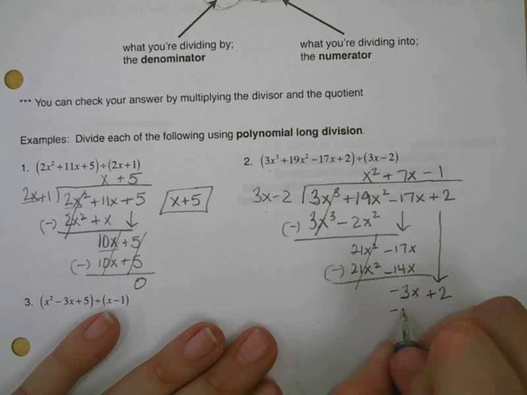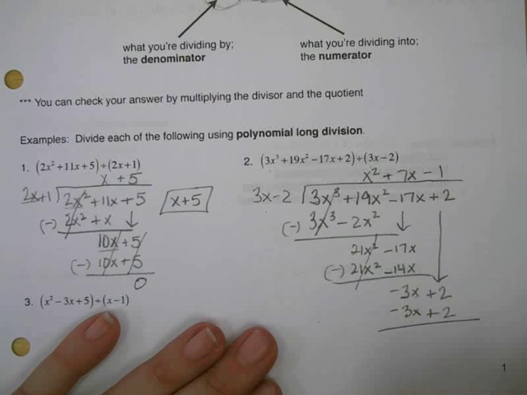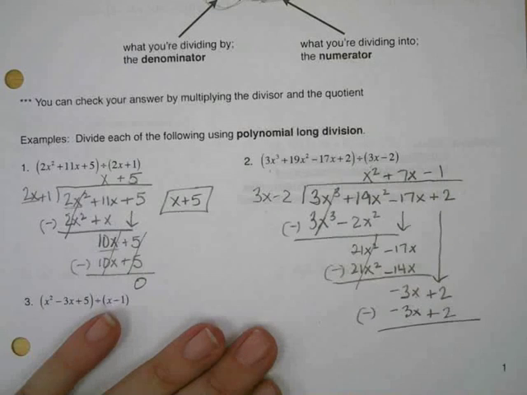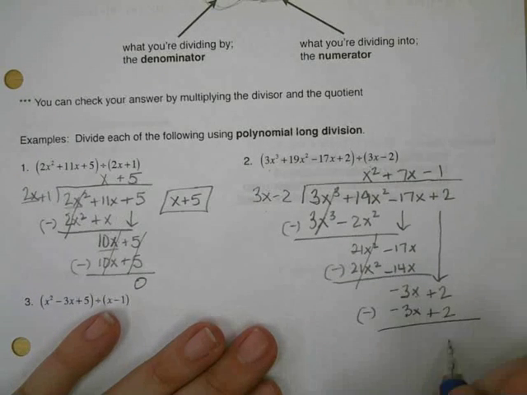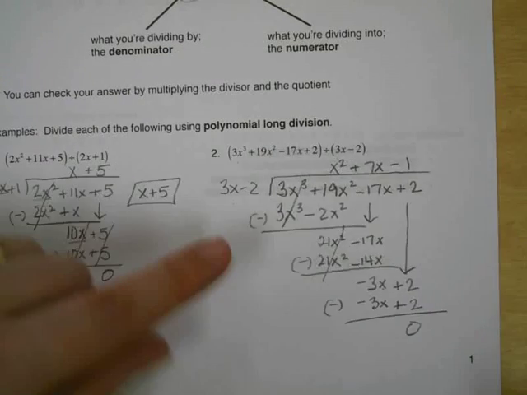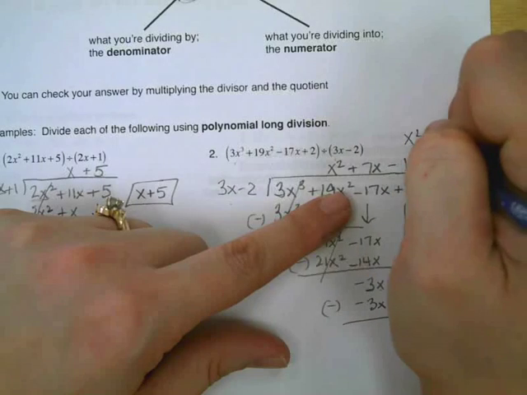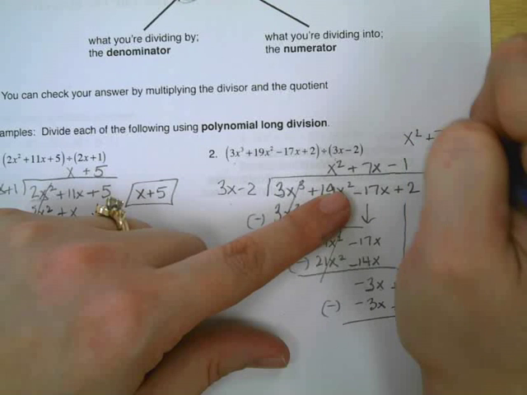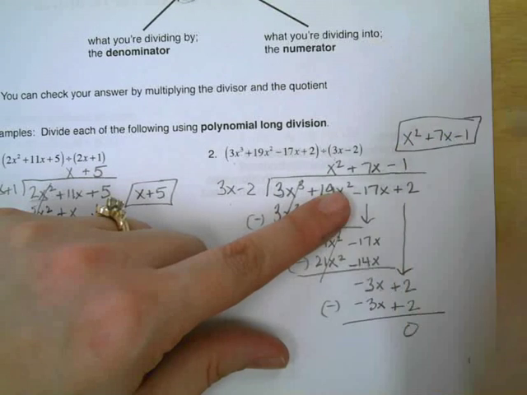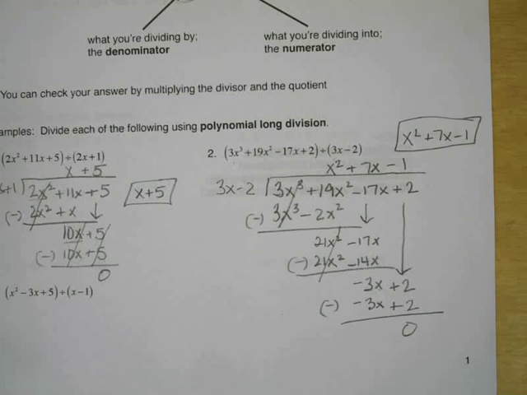If I times everything over here by negative 1, I get negative 3x plus 2. And again, when I subtract one polynomial from the same polynomial, I get a remainder of 0. So this time, my answer up here is this quadratic, x squared plus 7x minus 1. And again, no remainder.